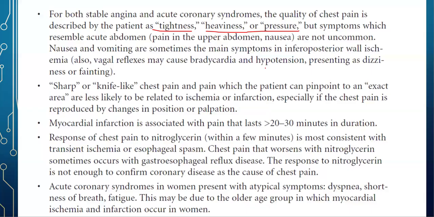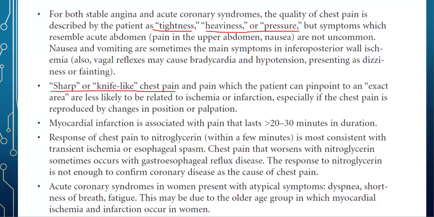Someone can come to you with a feeling like knife-like stabbing, sharp chest pain. When they come to you with a knife-like stabbing chest pain, and the patient says that the pain gets better when they lean forward and gets worse when they lie down, that can be pericarditis.